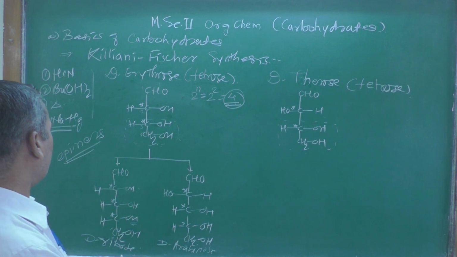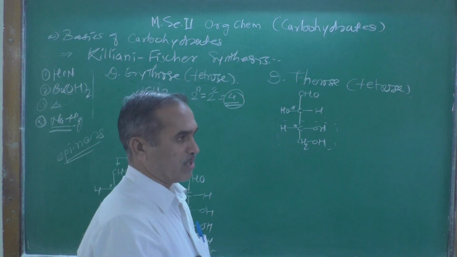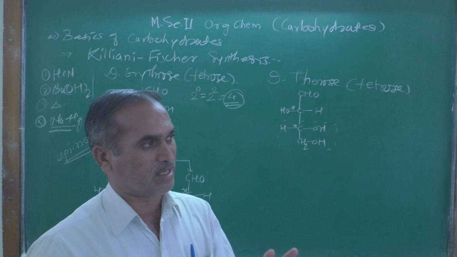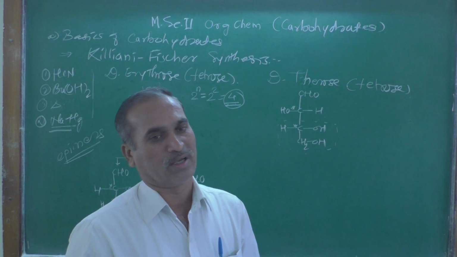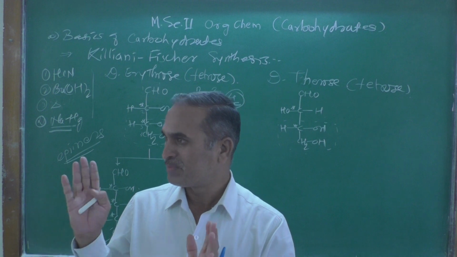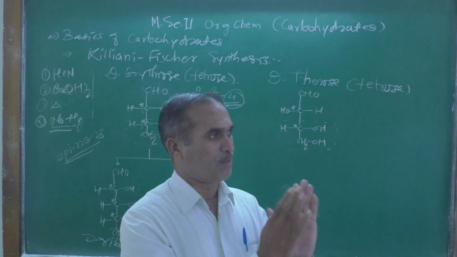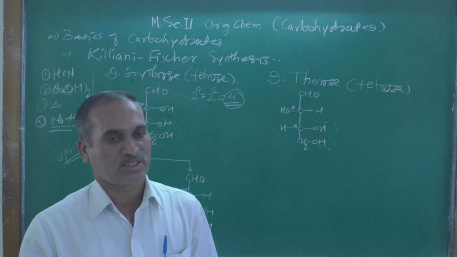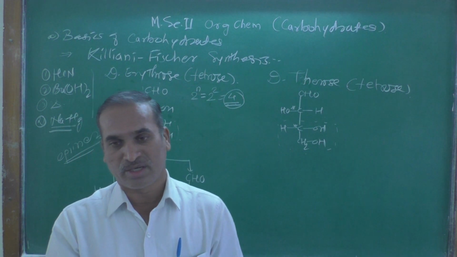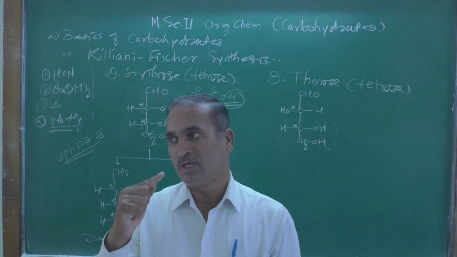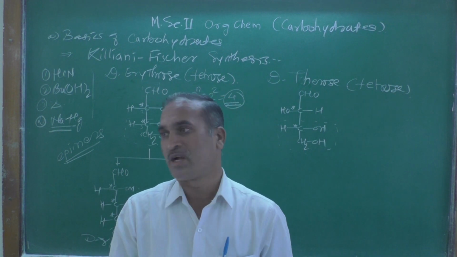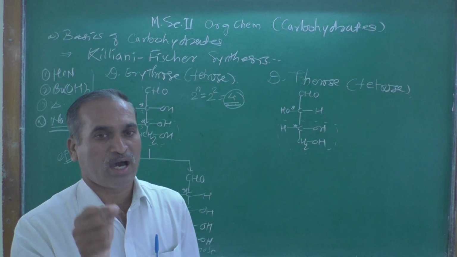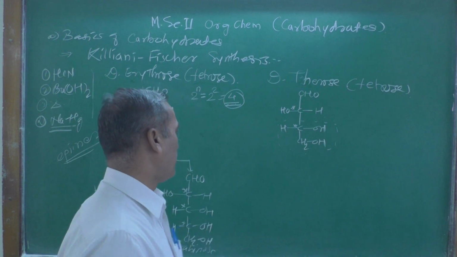I already explained what you mean by epimers: in all the chiral centers the relative and absolute configurations are the same, but at one center, at carbon number 2, the relative configurations are different. That type of isomers are known as epimers.